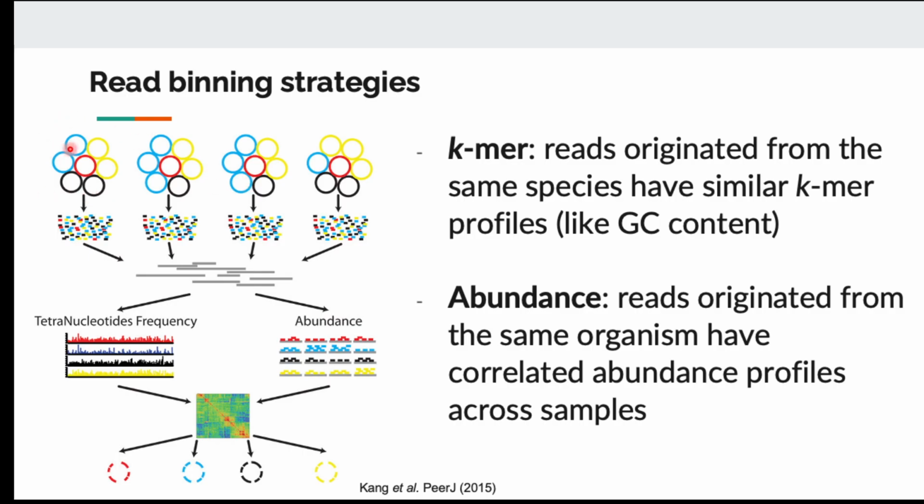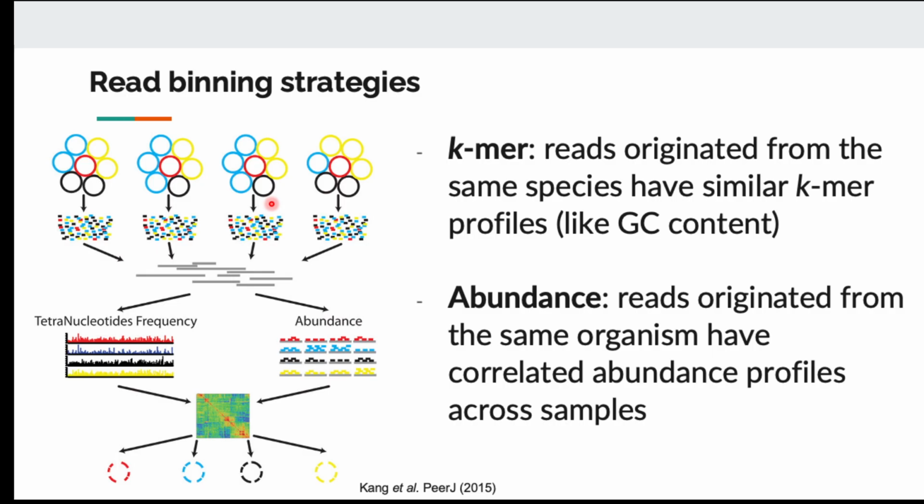So for any reads generated from the blue organism, you're going to see a lot of them in samples 2 and 3, a medium amount in sample 1, and a low amount in sample 4. If you consider many sequences and look at the read counts that map to each sequence, and you see the same pattern, medium, high, high, low, it's likely that these are from the same species because the abundance can track over samples.